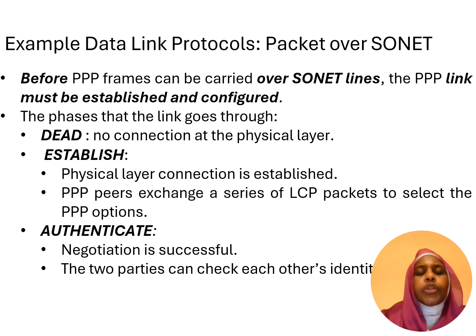Before the point-to-point frames are sent over SONET lines, the point-to-point protocol link must be established and configured. This has 6 phases. Phase 1 is when there is no physical connection. When the physical connection is established, the point-to-point peers exchange a series of link control protocol packets to select the point-to-point options successfully. This is when the link is established.